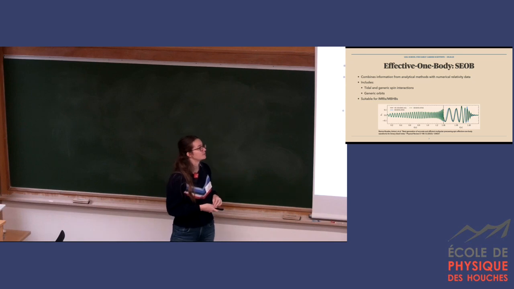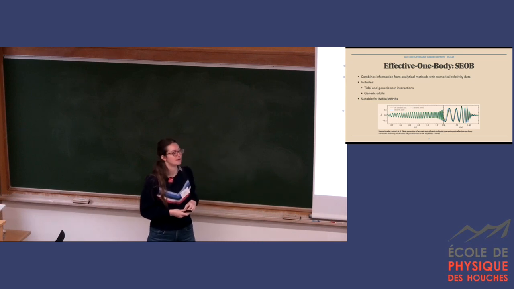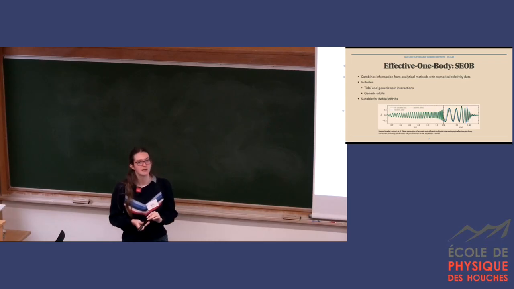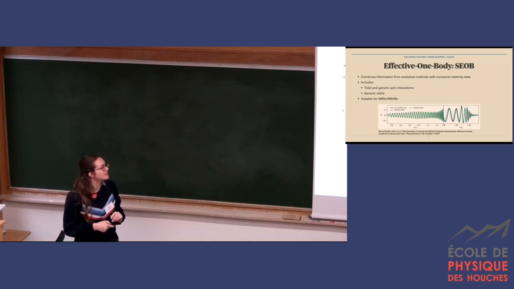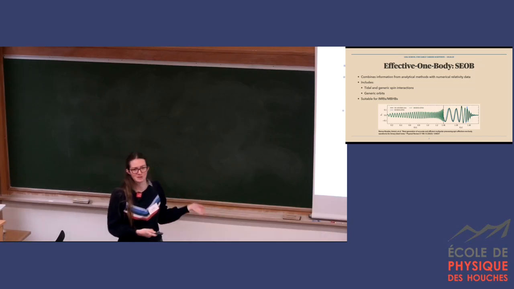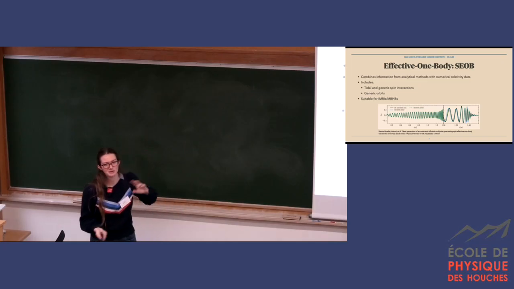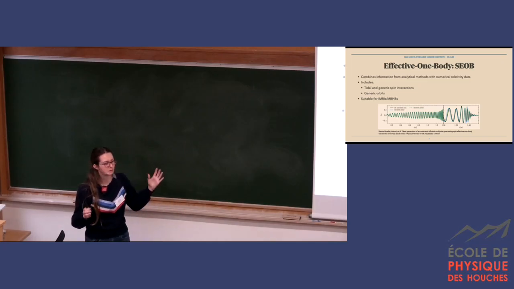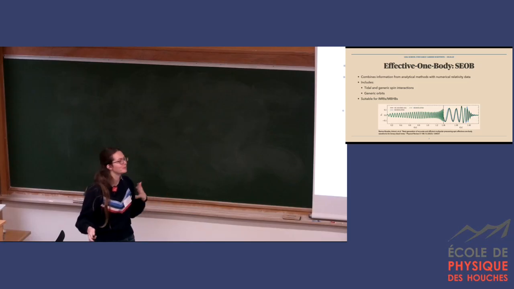And it is suitable for intermediate mass ratio inspirals and massive black hole binaries. And the bit where we are really confident and have tested this model is the massive black hole binaries, because this is one of the main models used by the LIGO-Virgo-KAGRA collaboration. And so we really know for comparable mass ratio systems, this is fine.